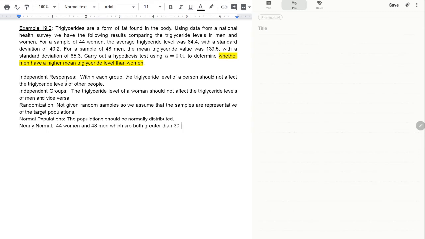So we have 43 degrees of freedom, and our test statistic was 4.015. Now to find the p-value, we have an upper tail test because the alternative hypothesis is in the upper tail.